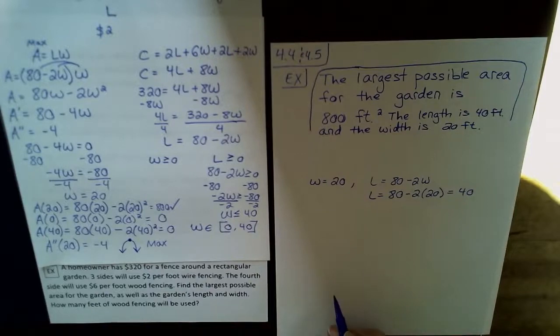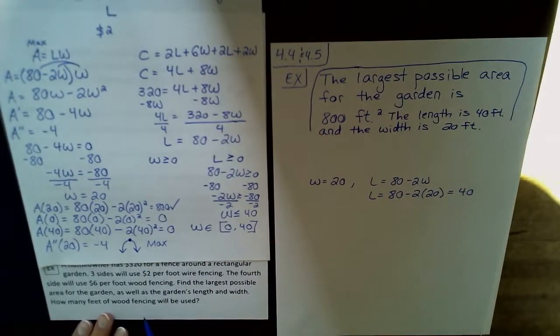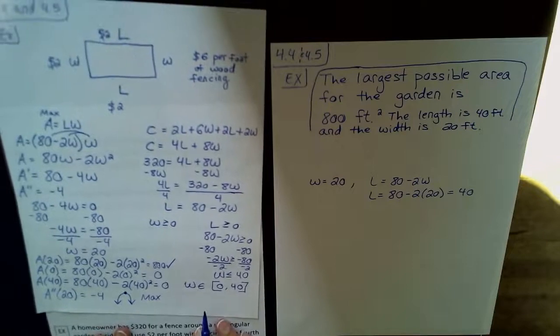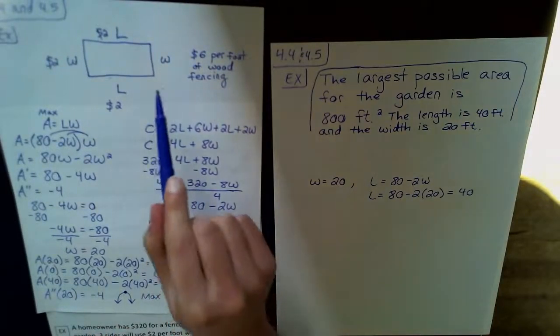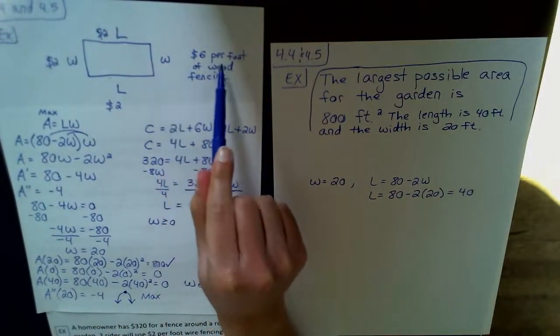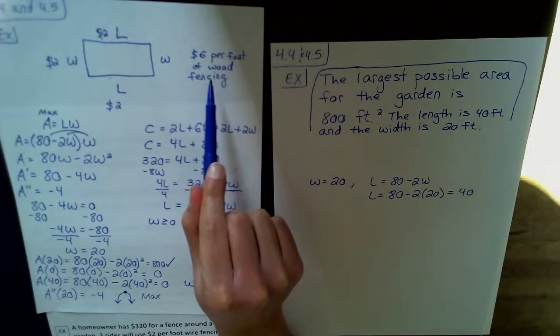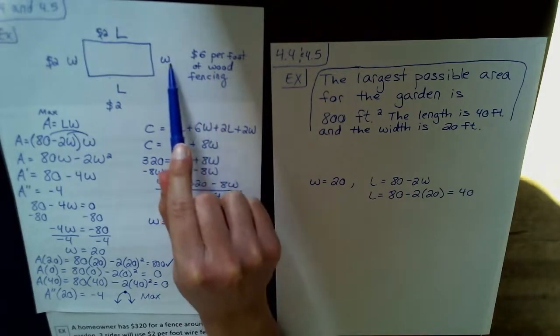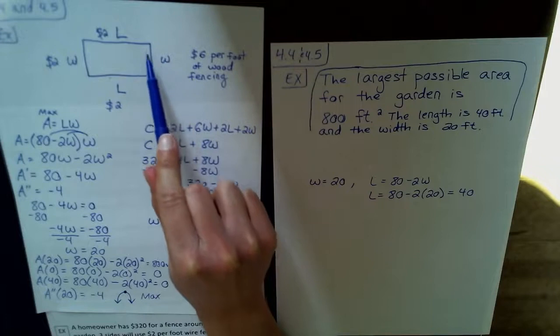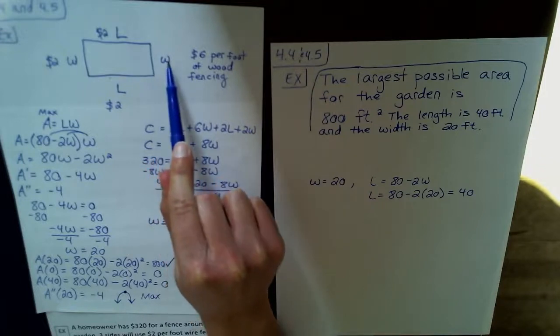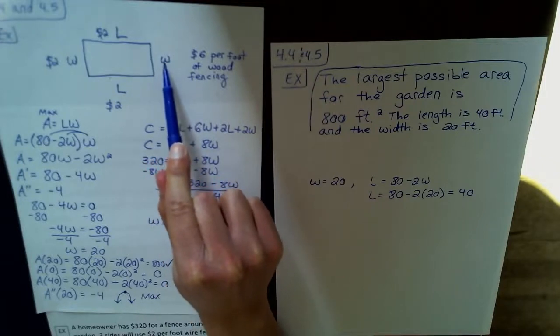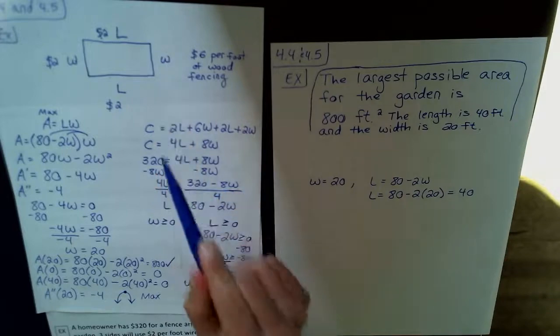And finally, the last part of the problem, how many feet of wood fencing will be used? Well, remember from our picture, which I'll bring back into focus here, we said this side represented the wood fencing, and this side was one of our W's. So since this entire side is the wood fencing, then the length has to be equal to W, which is 20.